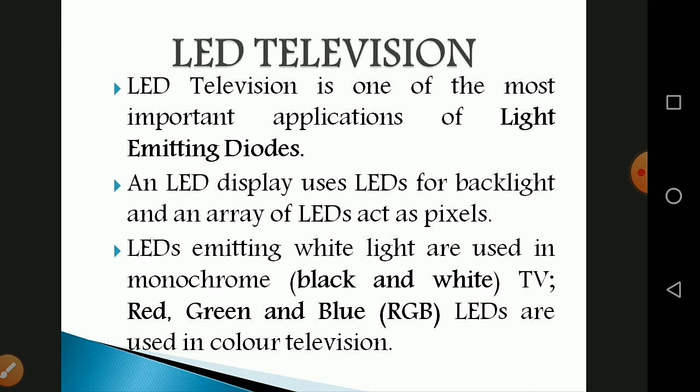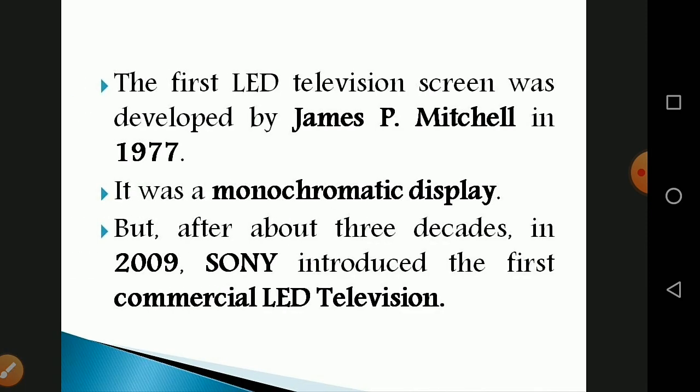LEDs emitting white light are used in monochrome black and white TV. The red, green, blue, that means RGB, LEDs are used in color television.